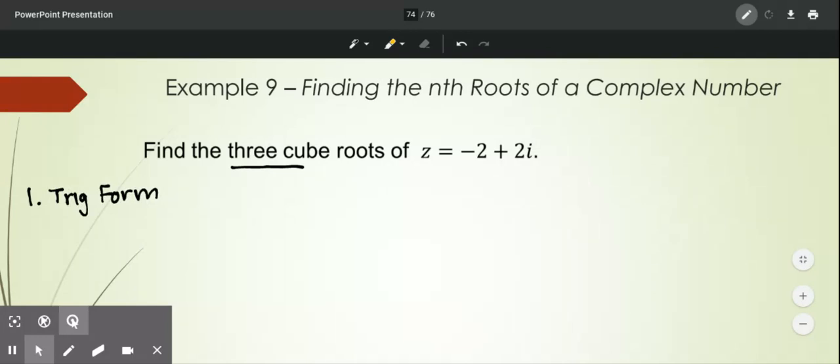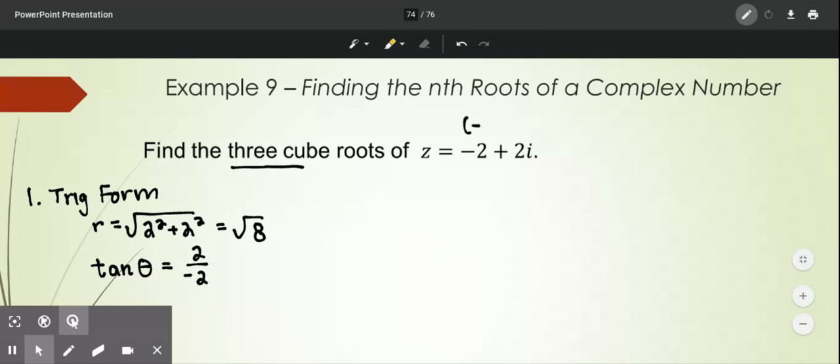Write your complex number in trig form, which means we need to come up with our r value. So r will be the square root of 2 squared plus 2 squared, or the square root of 8. And then tangent of theta will equal b over a. Again, let's make sure we're in the right quadrant. Negative 2, 2 is in quadrant 2.